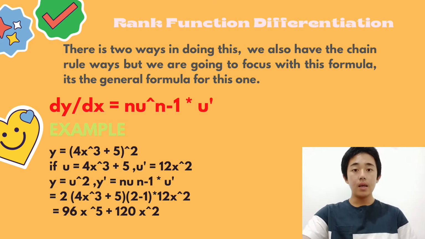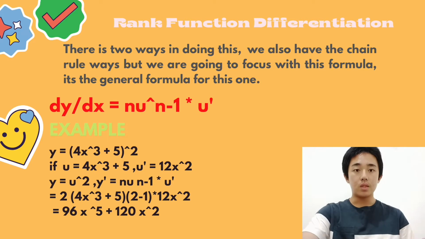And y equals u squared, and y prime equals n times u to the power n minus 1 times u prime. So let's put in the numbers. 2 times (4x cubed plus 5) as u, and then to the power of 2 minus 1, and that 2 is from the power of the number square outside the bracket, remember?